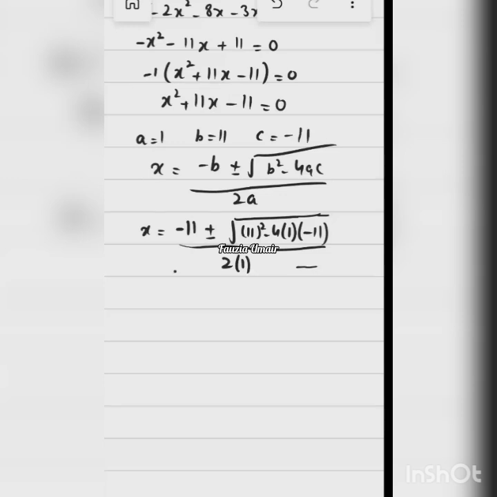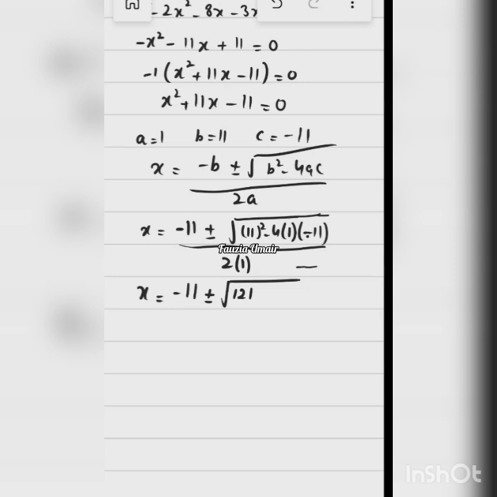Okay. So now we will just solve it. X is equal to, are you with me? I have scrolled down, you are not up above? No, I'm down only. Okay. So minus 11 plus minus 11 square is 121.